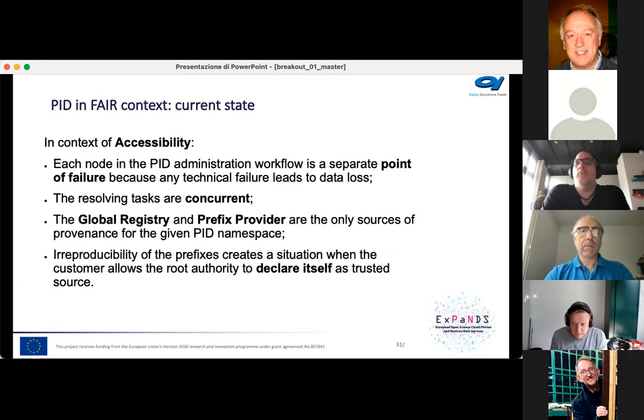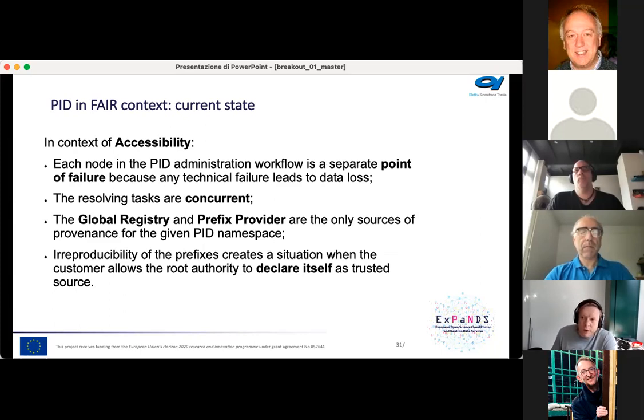Next, for accessibility, the only opportunity for registrars and authorities is to declare themselves as trusted sources. They have no other opportunity to prove to society that they are trusted.